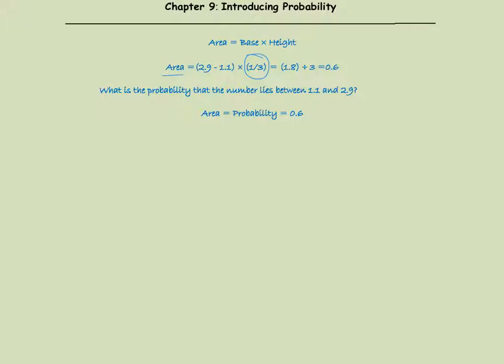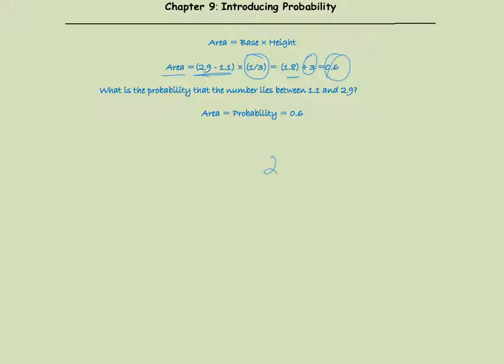The area gives us the probability. So area is base times height. The base is the difference between 2.9 and 1.1, which is 1.8, and then times height, which is 1/3. So basically 1.8 divided by 3, because of the 1/3, 3 is in the denominator, so we divide by 3, which gives us 0.6.